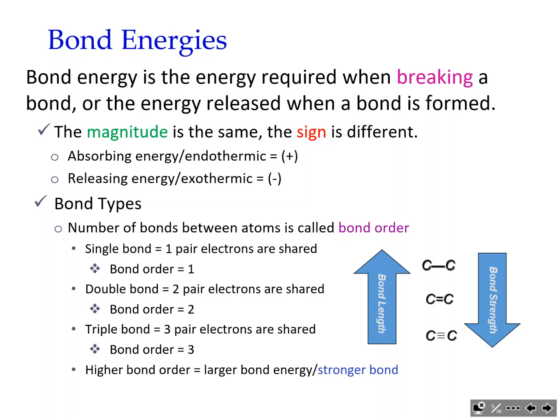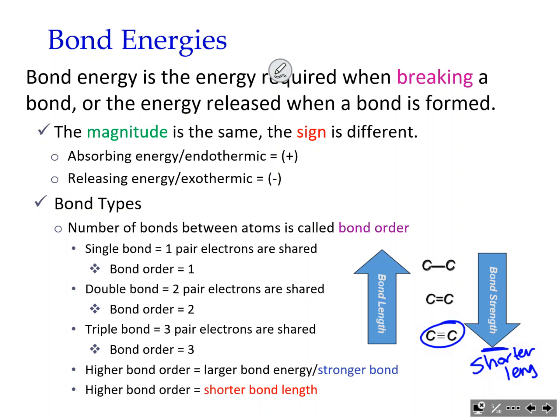Now, higher bond order means you're stronger, and you also have a shorter bond length, okay? So as the bond length gets shorter, bond strength, of course, is greater.